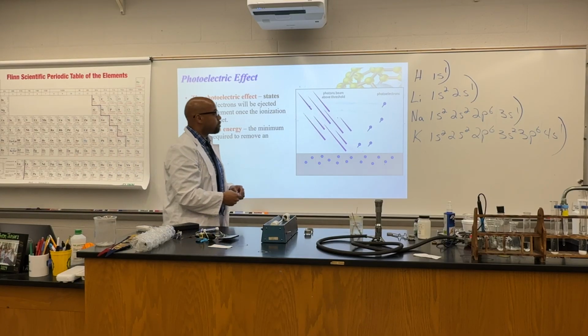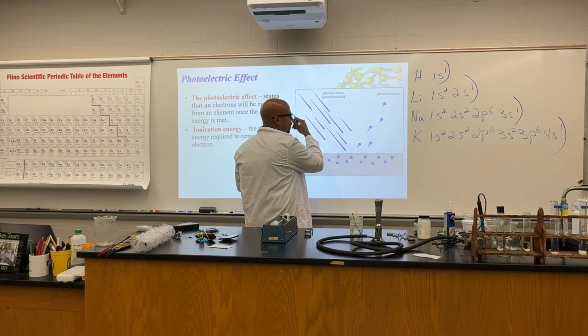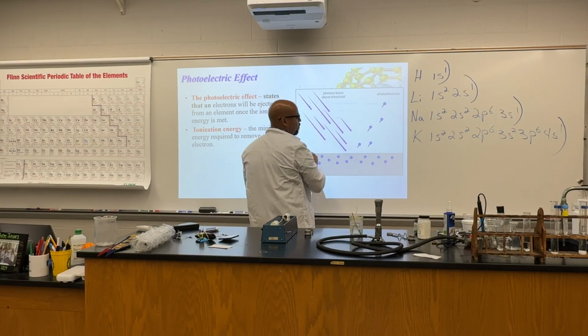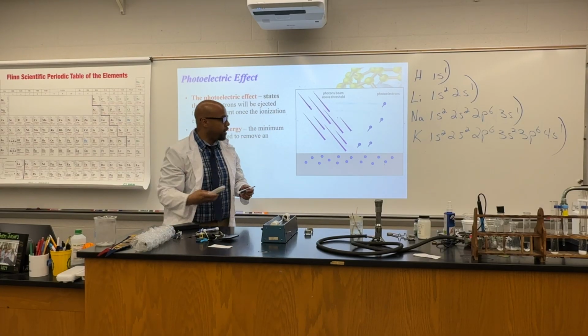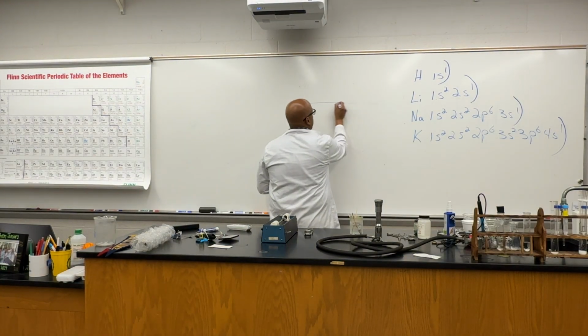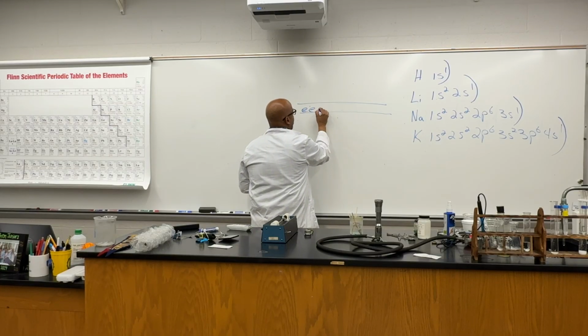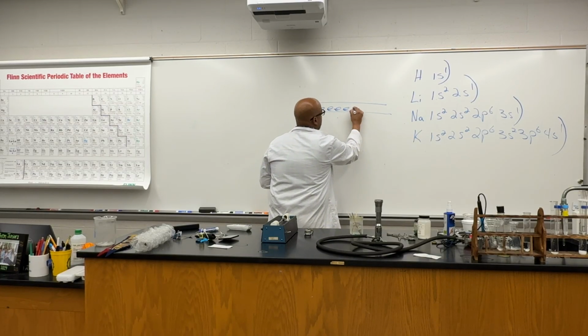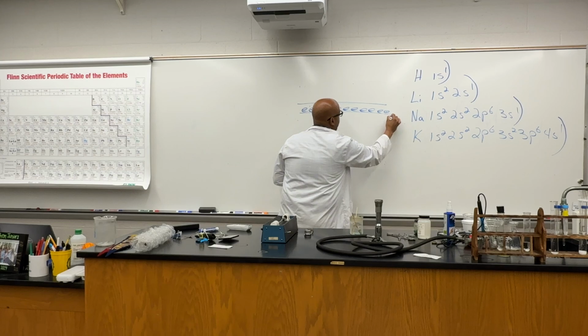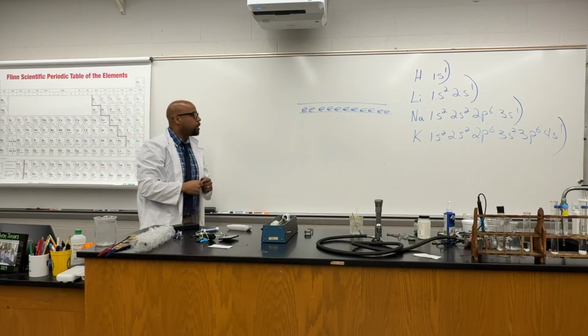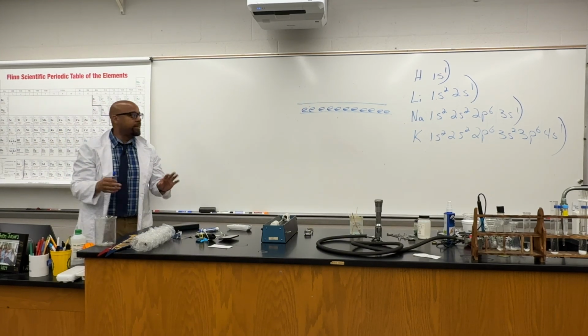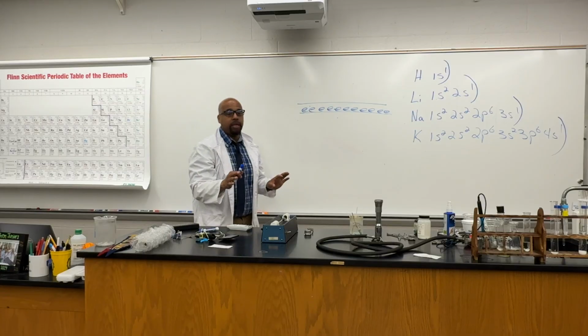I'm going to go back to conceptual physics. And if you remember in conceptual physics, we said that if we had something such as a piece of wire, so here goes my wire right here. And remember, we said, if you had a whole bunch of electrons, they would kind of just be sitting here on this wire. And right now, the electrons are just sitting there, they're not moving, so therefore I don't have any what?